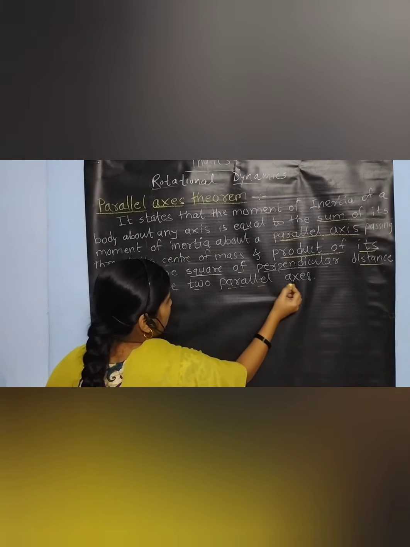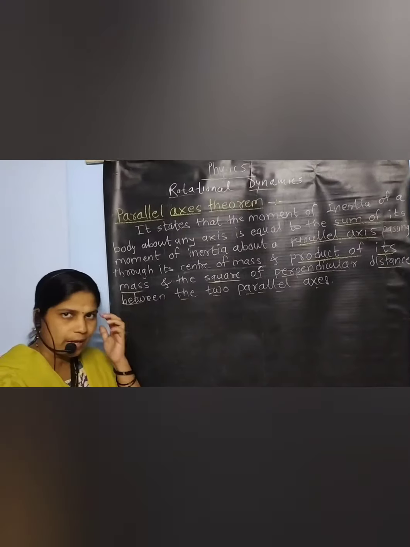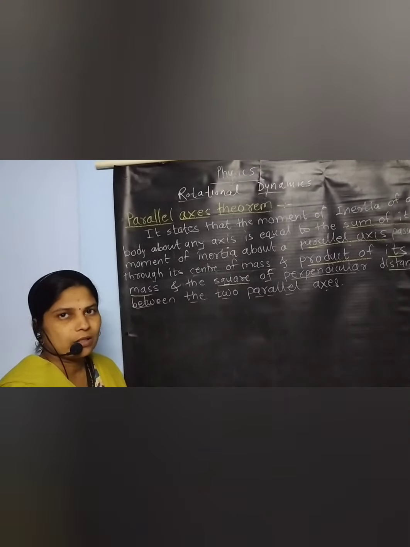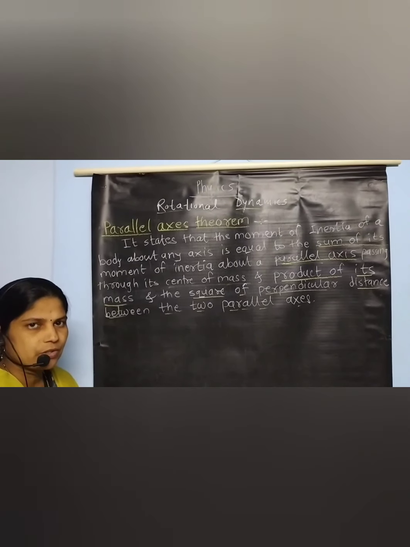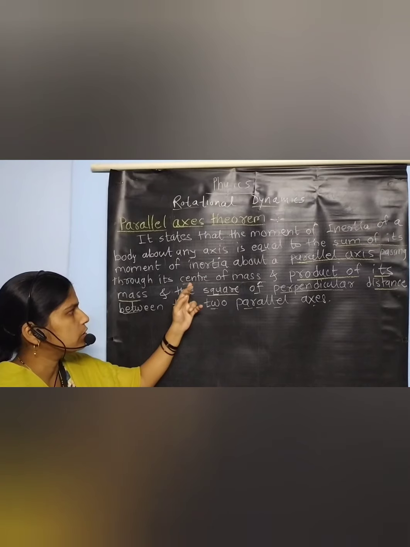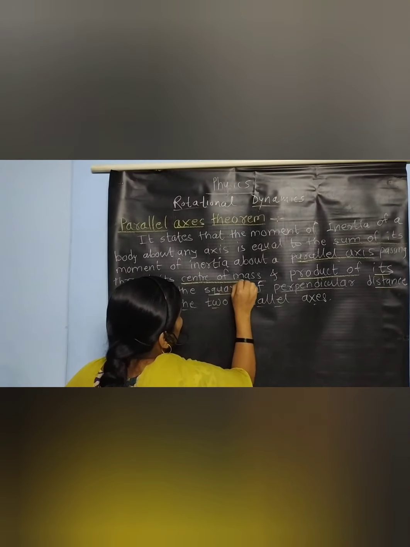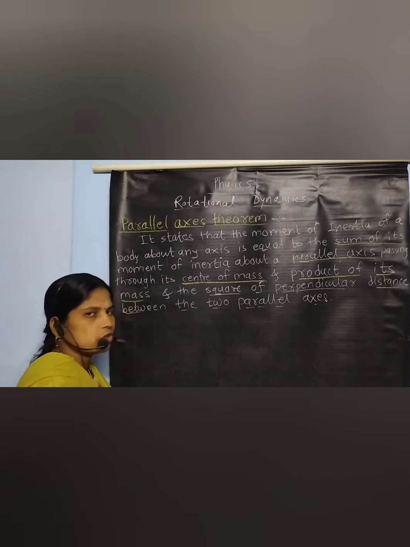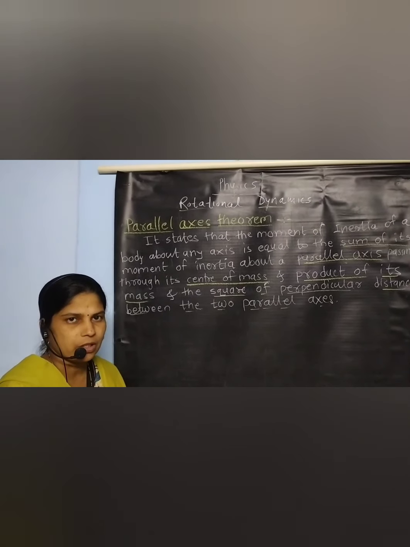To use the parallel axis theorem, two axes should be parallel to each other, and one axis is passing through the center of mass. Center of mass is the point at which the whole mass of the body is supposed to be concentrated.